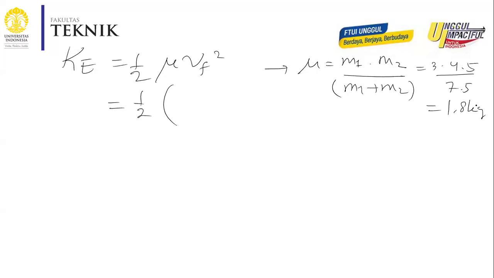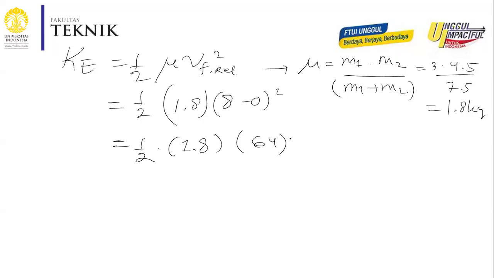So this one is V relative: half times 1.8 times (8 minus 0) squared, which is half times 1.8 times 64.